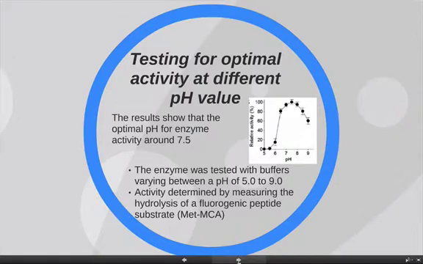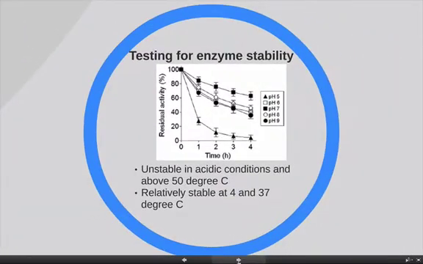After testing activity in buffers ranging from a pH of 5 to 9, pH 7.5 revealed optimal enzyme activity. Further tests for enzyme stability showed that acidic conditions and temperatures above 50 degrees made the enzyme unstable. Stability was greatest in temperature conditions between 4 to 37 degrees Celsius.